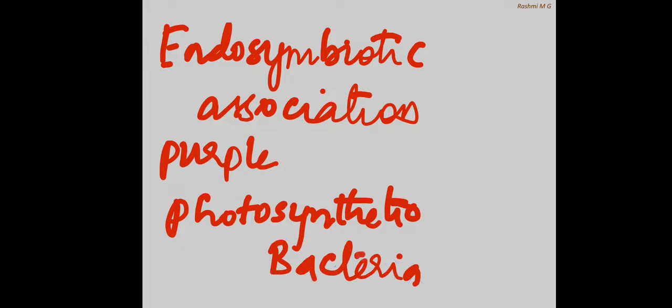Now, generally photosynthetic bacteria suggest that the bacteria have the photosynthetic apparatus to perform photosynthesis. So we can say that photosynthetic bacteria have a photosynthetic machinery, and they have evolved along with the other organelle, that is mitochondria.